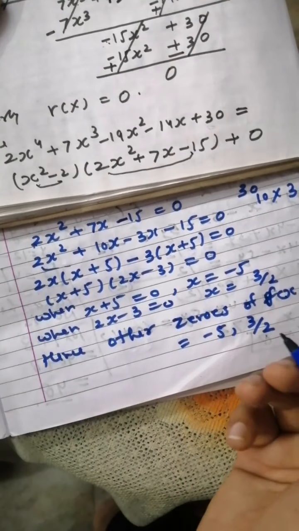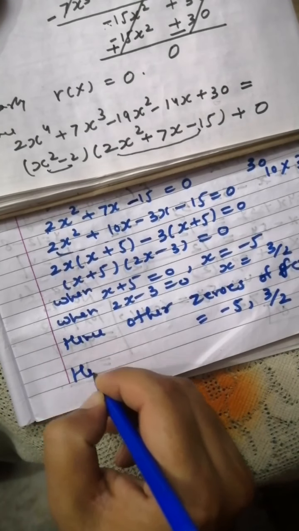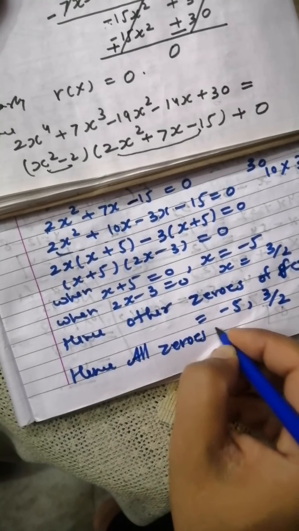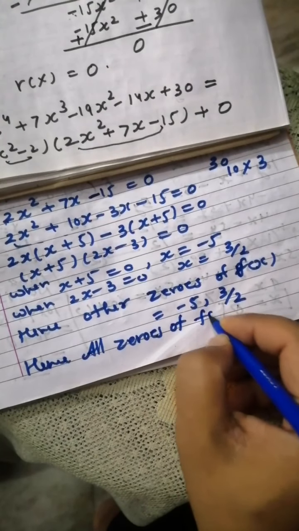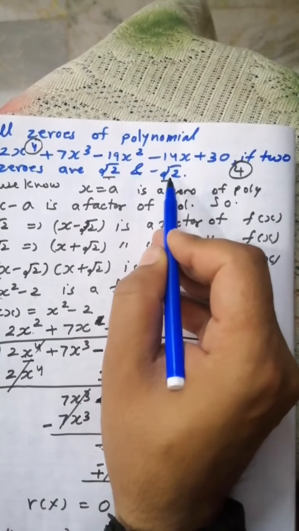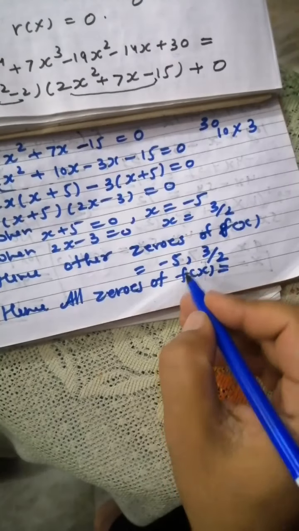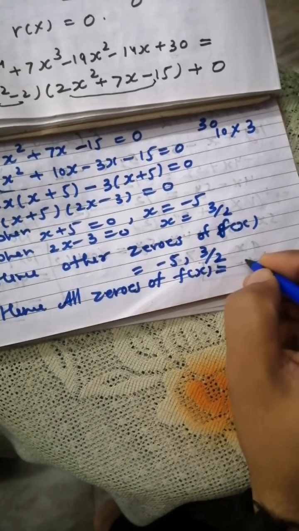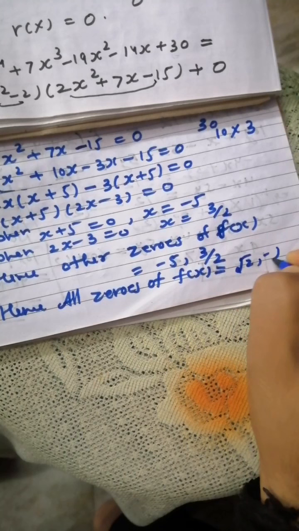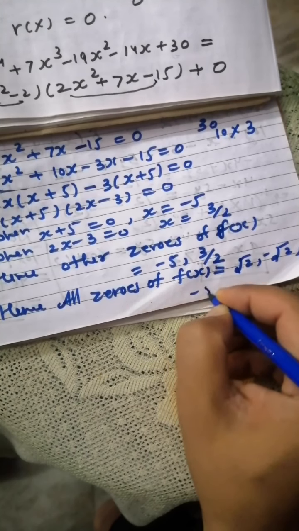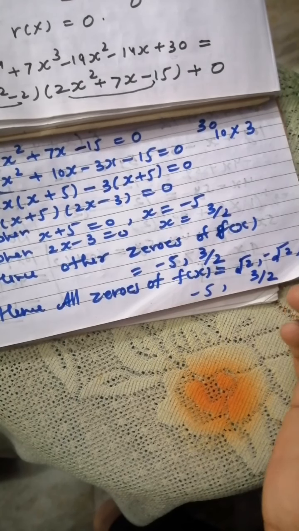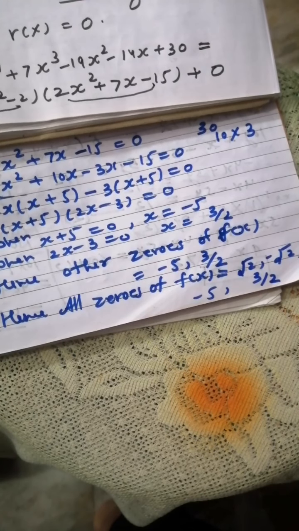Here we have to find all zeros, so we can write hence all zeros of polynomial f(x) are two zeros root 2 and minus root 2, and the other two are minus 5 and 3 by 2. So all the zeros are root 2, minus root 2, minus 5 and 3 by 2. These are the zeros. So by using this way you can find all the zeros of any polynomial.